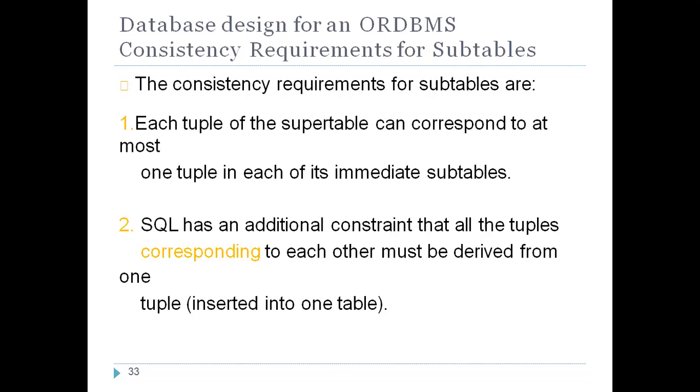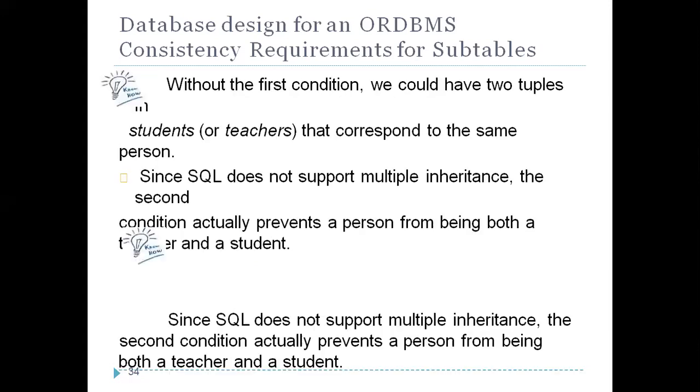And second, SQL has an additional constraint that all the tuples corresponding to each other must be derived from one tuple. So whatever tuples correspond to each other must be derived from one tuple inserted into one particular table.